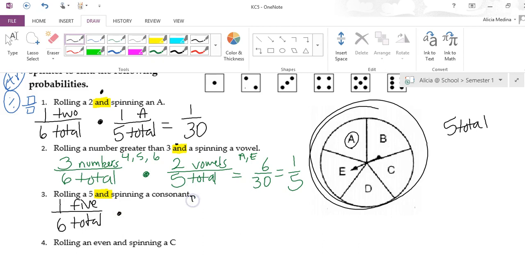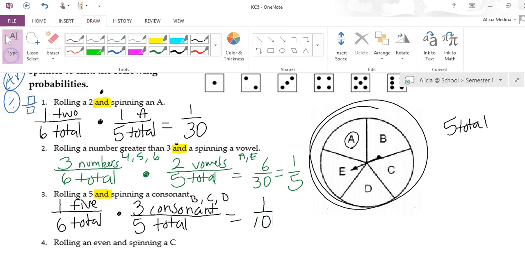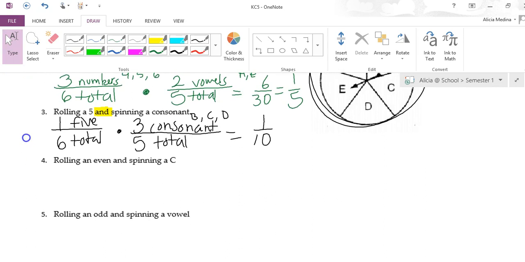So B, C, and D. So B, C, D, that gives me 3 consonants. I think I've been saying constants this whole time. So 5 total. And when I go ahead and multiply these and simplify, I should get 1 over 10. Again, if you need to pause the video and plug in your calculator, you may do so.